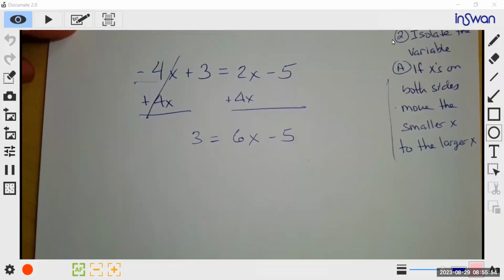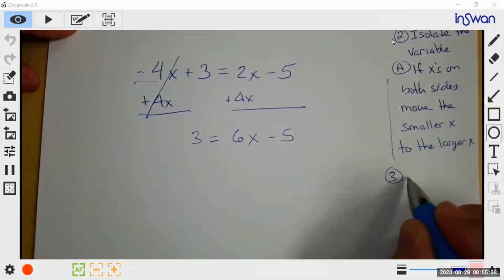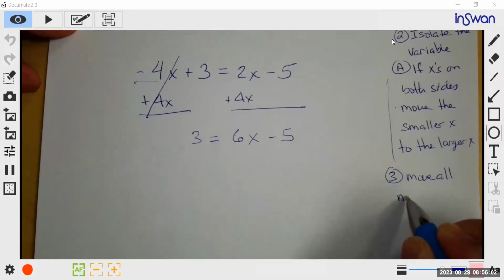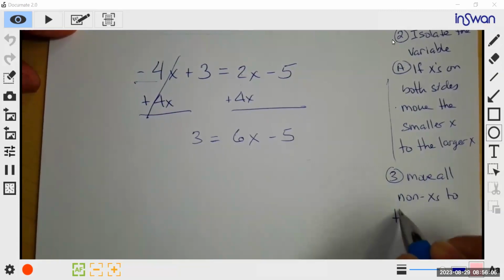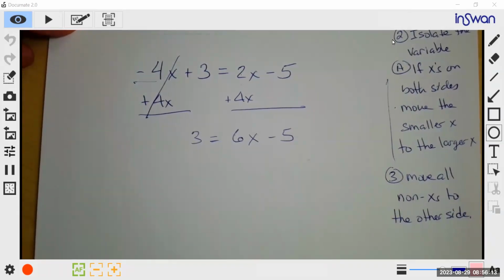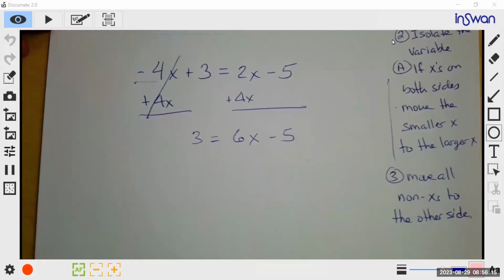Do we have all the x's on one side? Yeah, so step 3 is move all non-x's to the other side. So which one do we move?